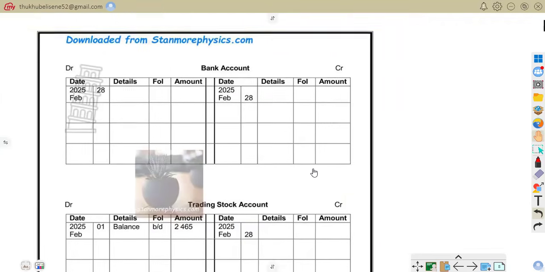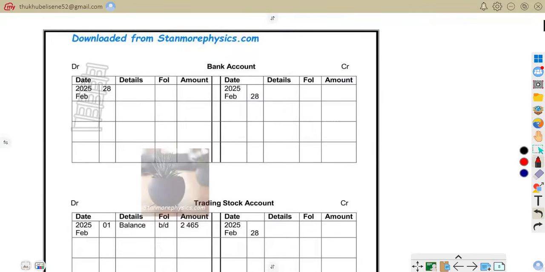So you can see now we are going to our answer book. Here we are on our answer book. We have a bank account, which has a debit as well as a credit side. On the 28th February, we have the cash receipts journal.